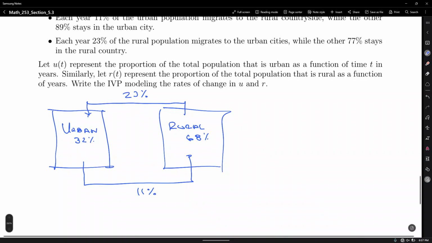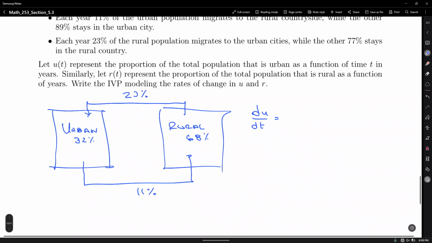All right. So for dU/dt, dU/dt equals, okay. The question here is, what's coming into the urban? Isn't that only people from the rural areas? But what are the numbers that we're going to substitute in there? Because we don't know the actual population. They're only telling us the percentages.